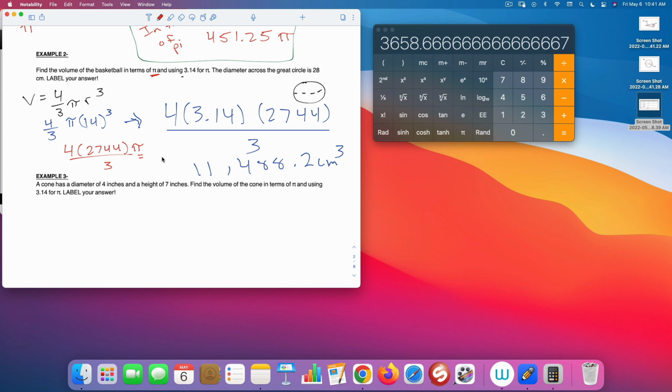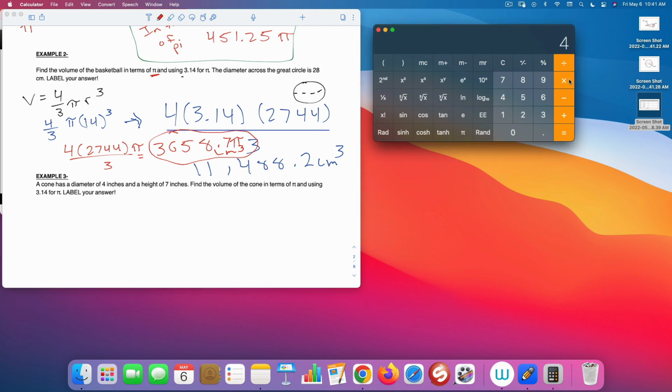Okay. 0.7 pi centimeters cubed. Let me see, if you did 4 times 2744 divided by 3, we got the same answer. Good, okay, just checking.